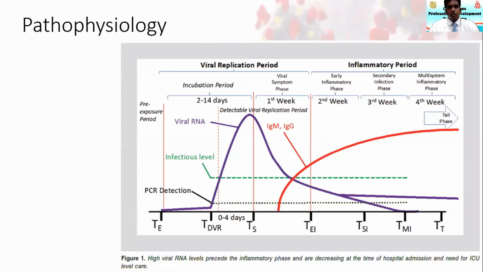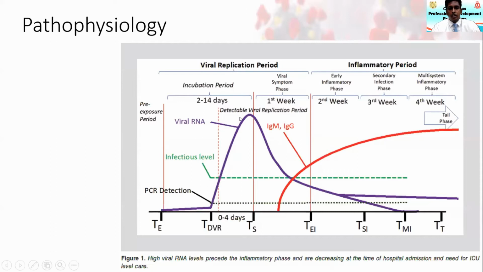So a bit about pathophysiology. This is one of the most important slides in my talk. We have 5 phases: incubation period, viral symptomatic phase, early inflammatory phase, secondary infection phase, and multi-system inflammatory phase, which we have at the 4th week. When you see this chart, you can see the viral RNAs appearing.